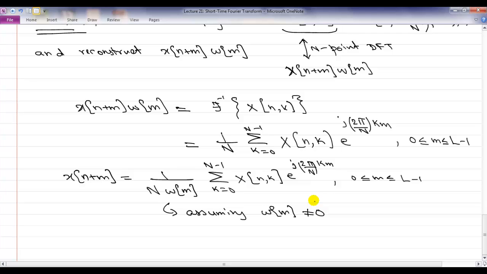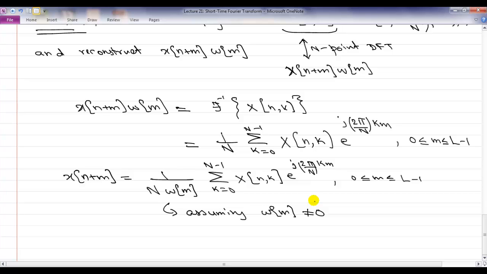So short time Fourier transform, just like the discrete time Fourier transform, can be computed explicitly by just computing samples of the discrete time Fourier transform of this windowed sequence using the DFT. And so spectrograms mostly are implemented using FFT operations because you can do them very fast.